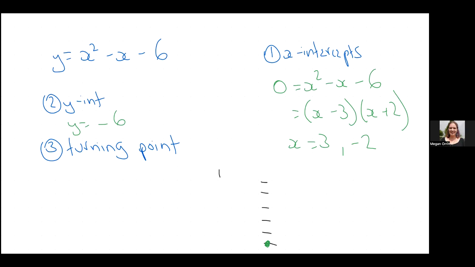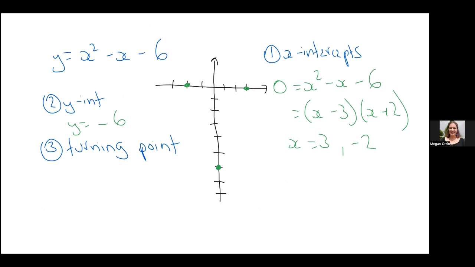Sorry, I'm just going to have to draw it further because I need to go lower. Let's draw it up here. All right, so far I have -2, +3, and -6. The one thing that I don't know is the turning point.